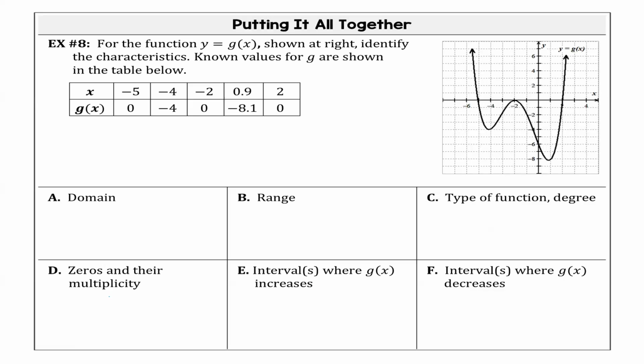We're going to do that one together. This right here is a single multiplicity because it just crosses the x-axis. So we have a zero at x equals negative 5, and it's a single multiplicity because it just crosses.